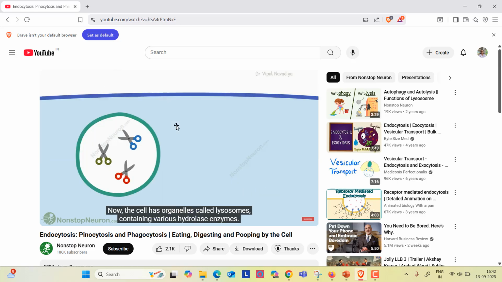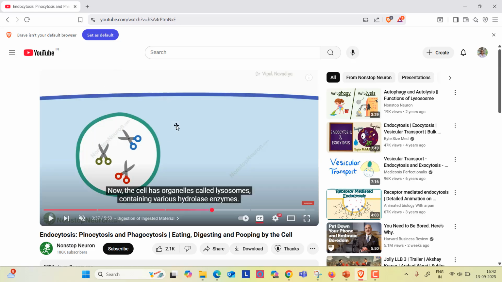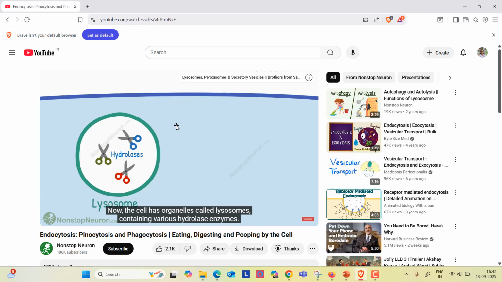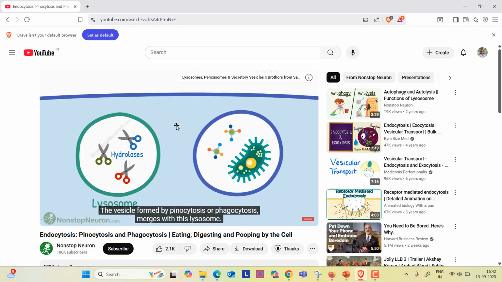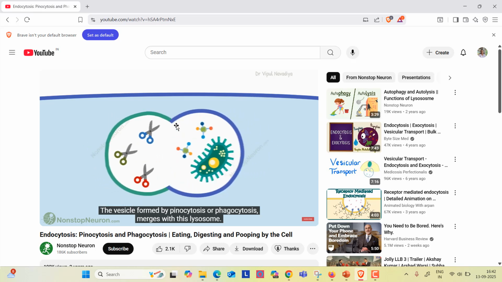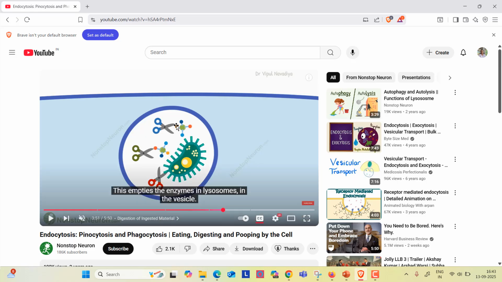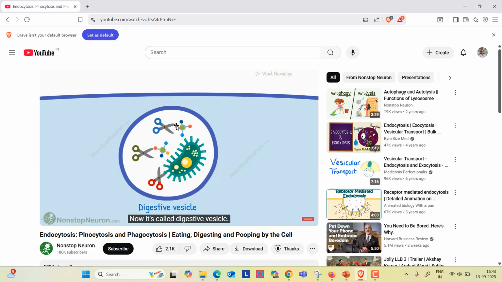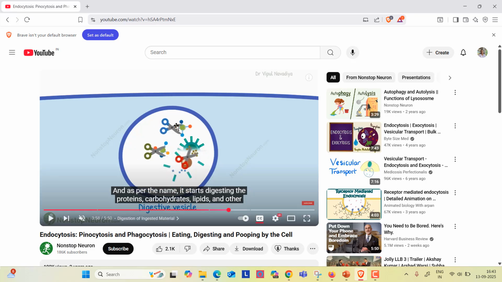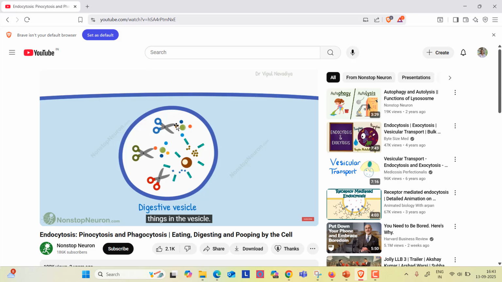Now the cell has organelles called lysosomes containing various hydrolase enzymes, right? The vesicle formed by pinocytosis or phagocytosis merges with this lysosome. This empties the enzymes of the lysosome into the vesicle. Now it's called the digestive vesicle, and as per the name, it starts digesting the proteins, carbohydrates, lipids, and others inside the vesicle.